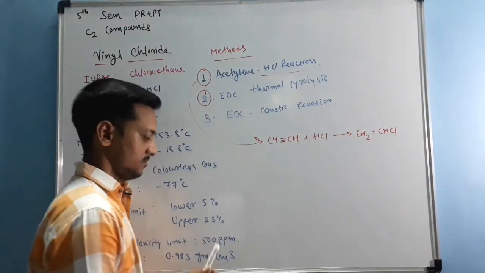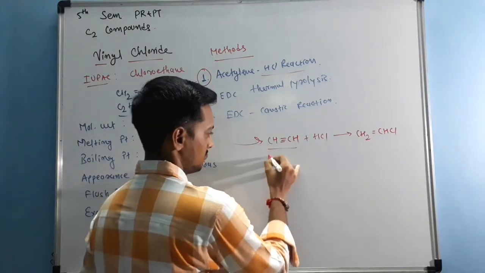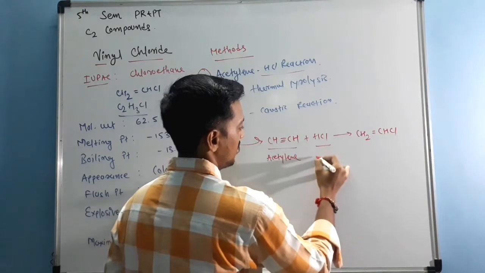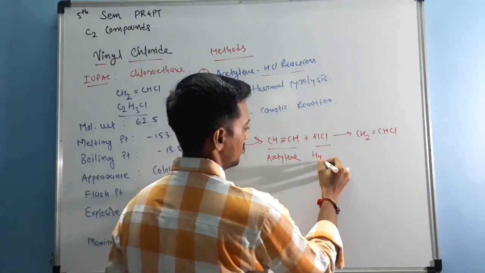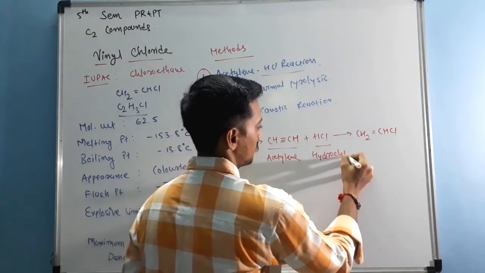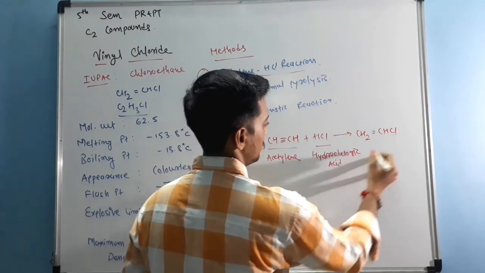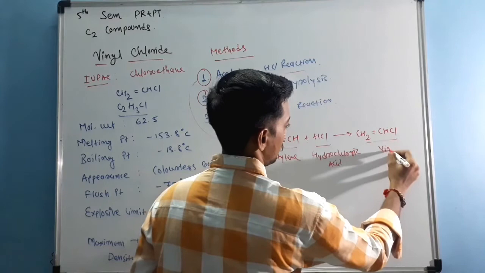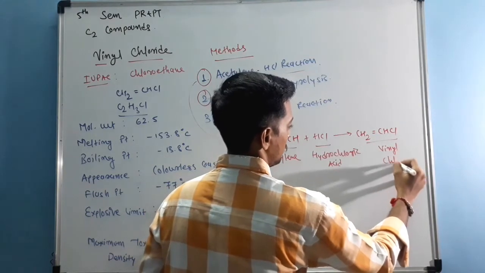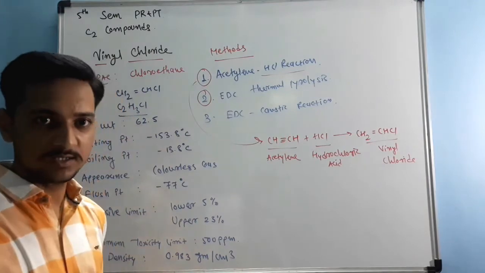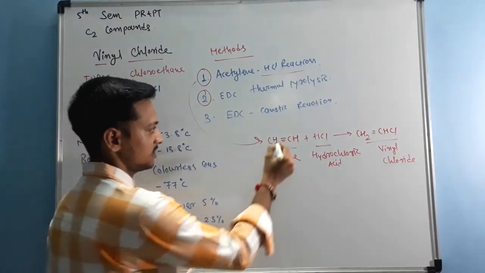Simple. Acetylene plus hydrogen chloride or hydrochloric acid gives vinyl chloride. So basically, what are the raw materials? Simple, this one.